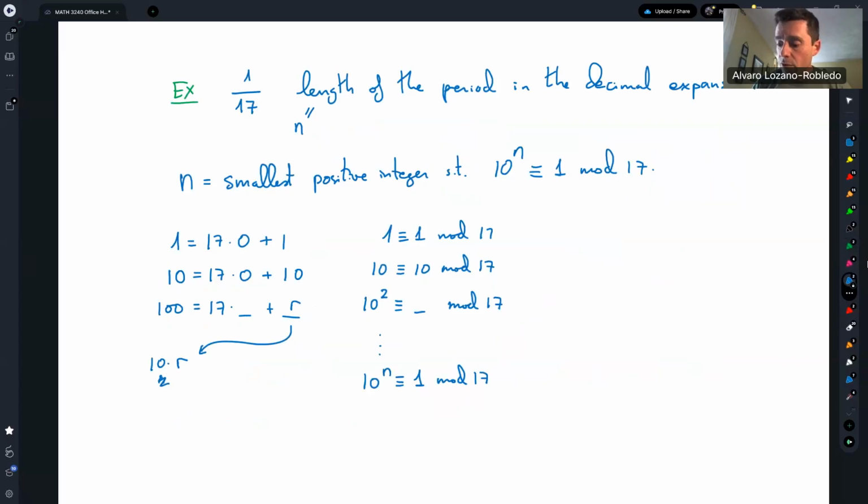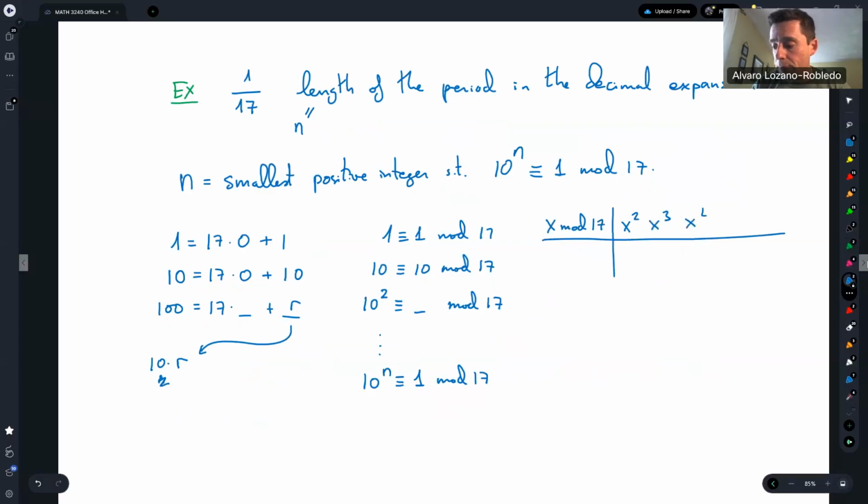I can make a little table here of powers of x modulo 17, and the one we want is 10 in particular.